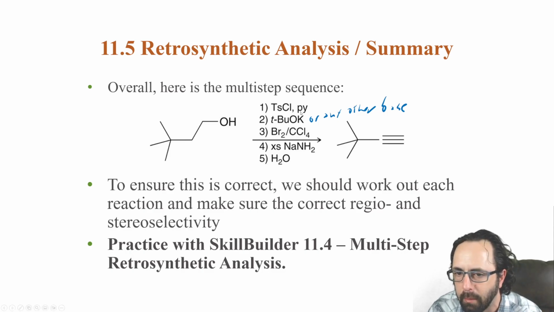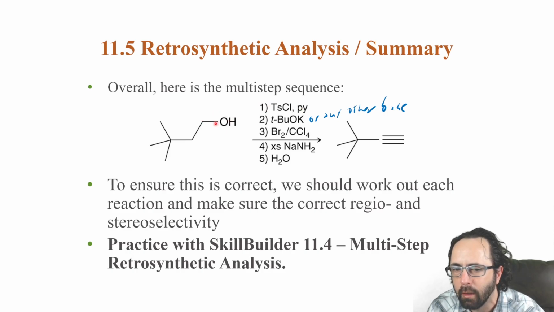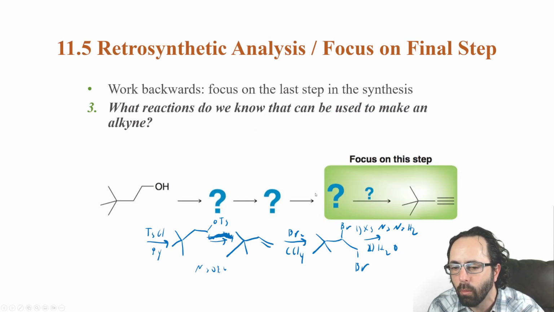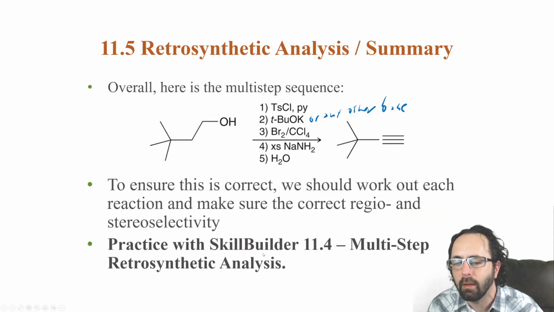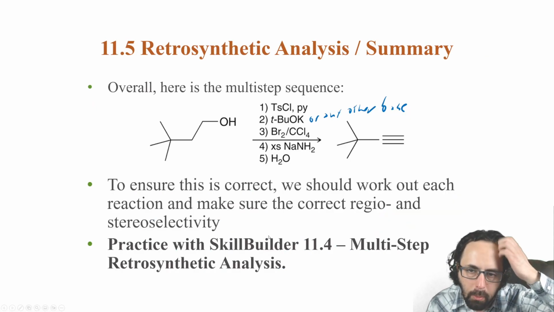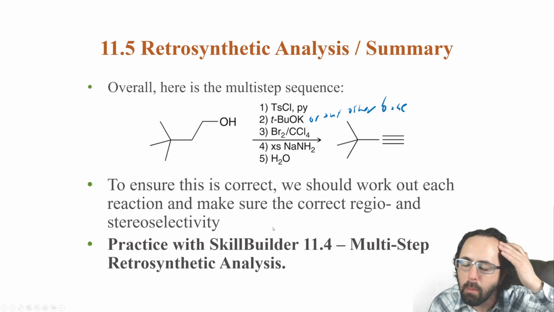This will perform our elimination, but first we have to change the alcohol to a good leaving group. So tosyl chloride and pyridine would work there, followed by Br2 in CCl4, and then finally the excess NaNH2 and water, and that completes our whole synthesis. So you can see here how working backwards sometimes really helps, but remember to ask yourself those fundamental questions.